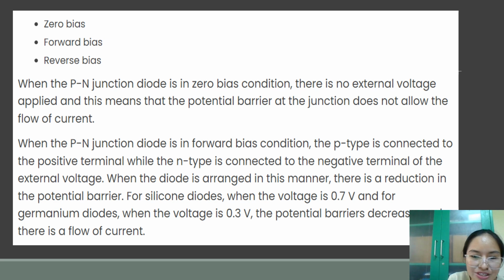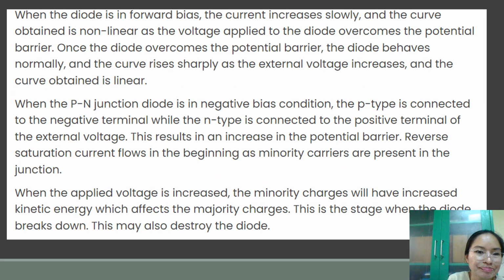When the diode is arranged in this manner, there is a reduction in the potential barrier. For example, for silicon diodes, the voltage is 0.7 volts, and for germanium diodes, 0.3 volts. The potential barrier decreases, therefore there is a flow of current.